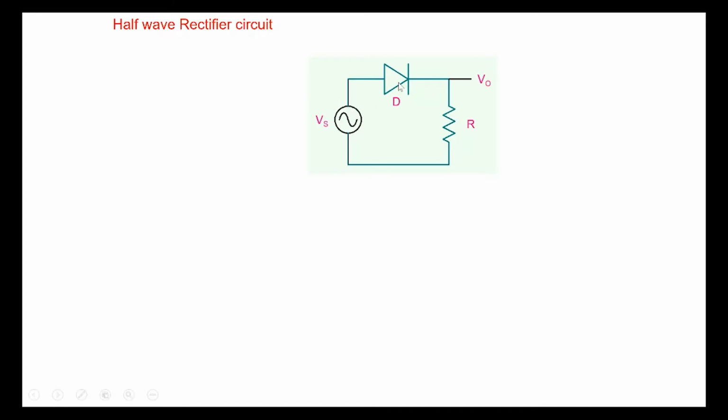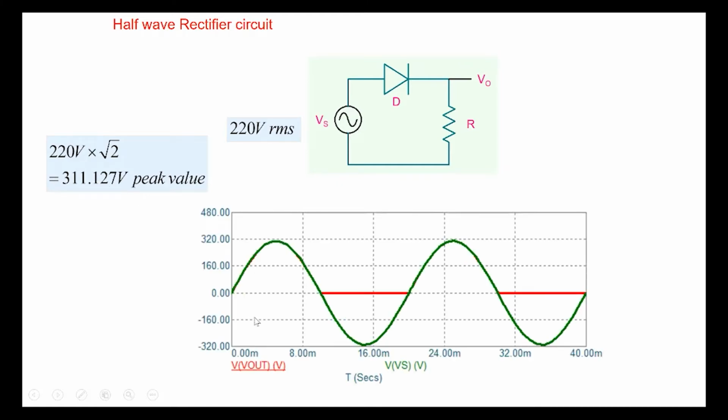It's simply one single diode that you see here, and if we apply our sinusoidal signal with a peak value of 311, this is what we'll obtain. In green is the sinusoid input, and the output will be, in the positive cycle, the following.